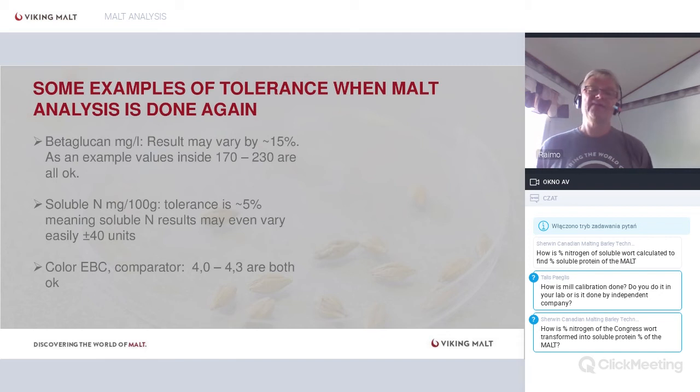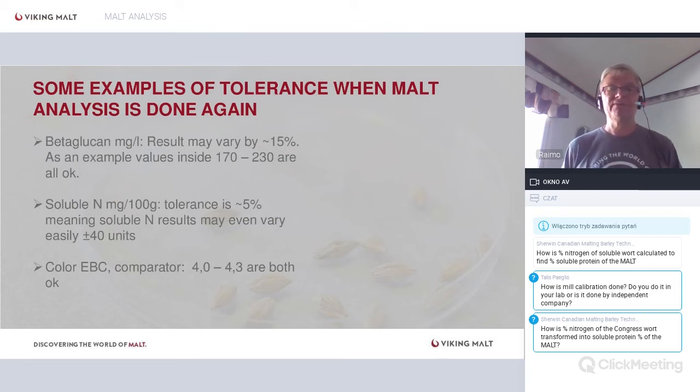And this may also affect the Kolbach index if you calculate it, and someday you get it low and someday at the upper limit. Color, there is roughly 4.3, quite close, for example, to each other. You can say that both could be correct analyses.